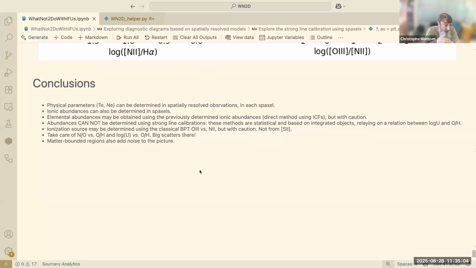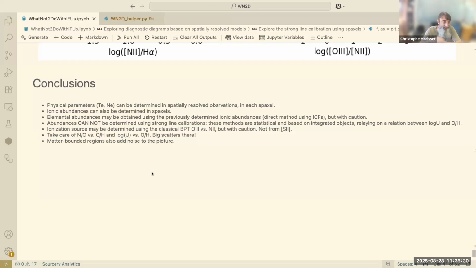I showed you in two examples that it's rather flat in the example of chlorine over oxygen. It may not always be the case, but it's not that stupid because it's based on similarity of ionization, and it makes sense. Abundances cannot be determined using strong line calibration at all.